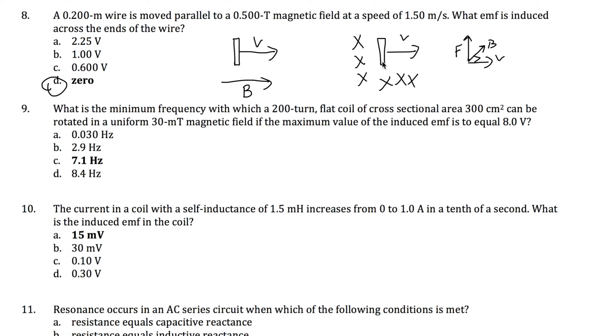That tells you that the positive charges in here experience a force upward, and the negative charges will experience a force here. So for this case, there would be a potential difference.